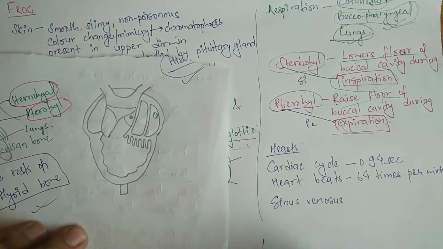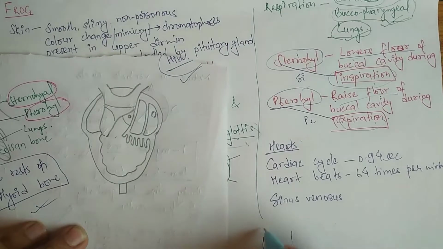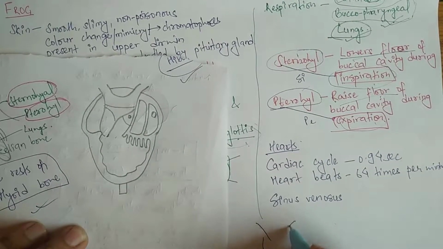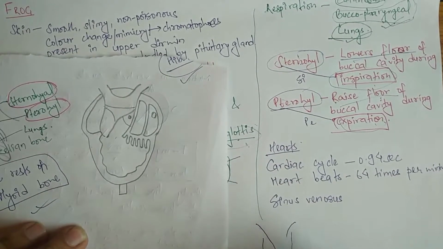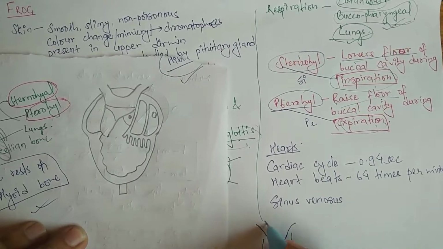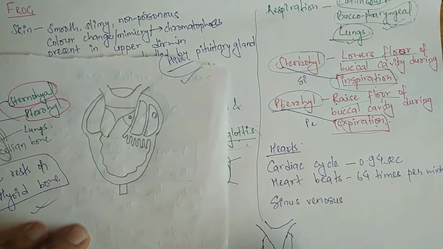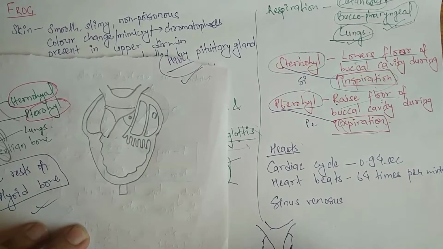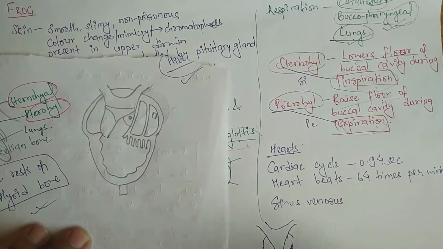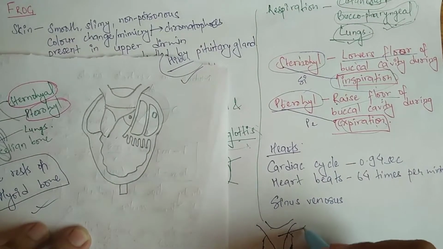Well, the heart is like this. This is sinus venosus. There is a constriction with the ventricle, so this is the heart and this one is sinus venosus.